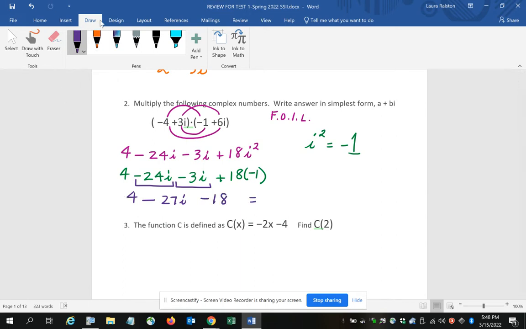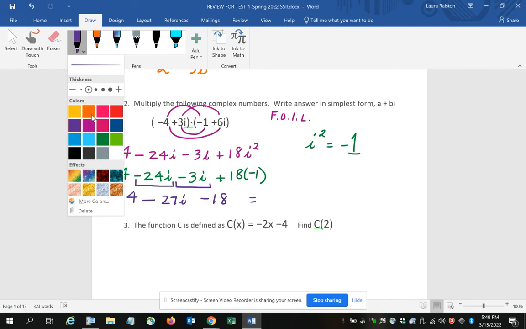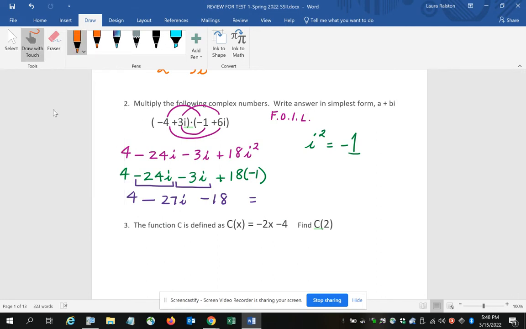Then I'm going to come back and combine my like terms, my real terms. 4 and minus 18 gives me negative 14 minus 27i. So when I multiply negative 4 plus 3i times negative 1 plus 6i, the final result is negative 14 minus 27i.